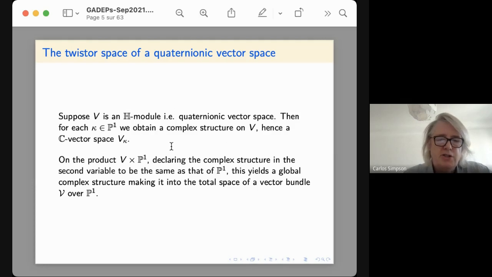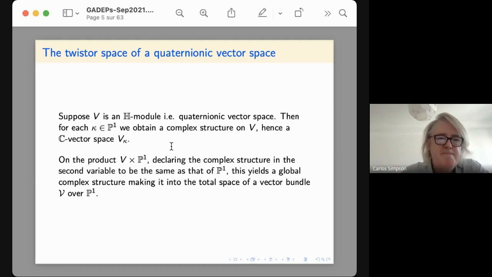In other words, if you have a quaternionic vector space, then you have a whole bunch of complex structures parameterized by this twistor P1, which is the space of complex structures inside the quaternions.